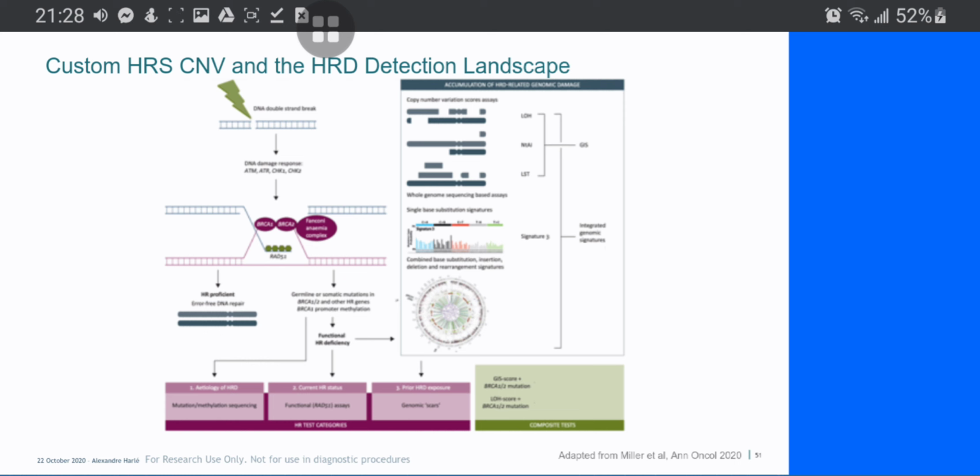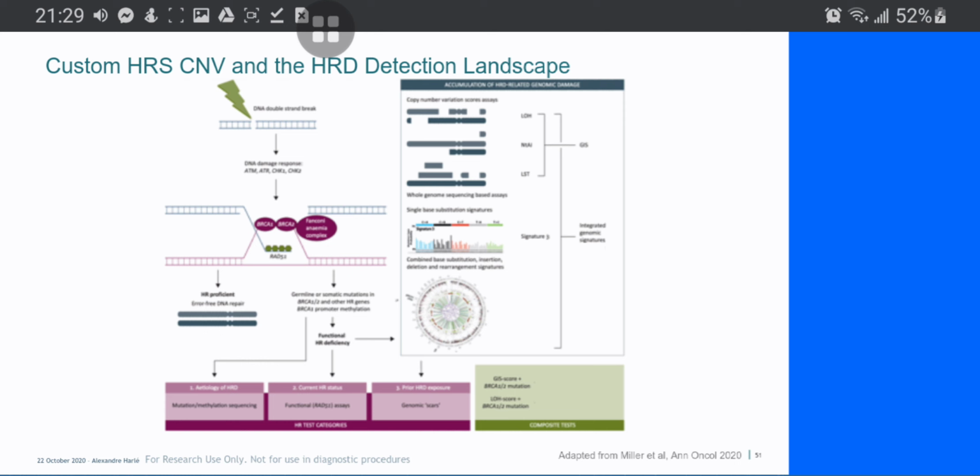You finally have different strategies to know whether the patients have an HR proficiency or deficiency, and you have different tests for different information. If you consider the mutation test, like the sequencing of a panel, you can identify some mutations on key genes and predict pathogenicity. And finally, it's a way to know why it's not working.